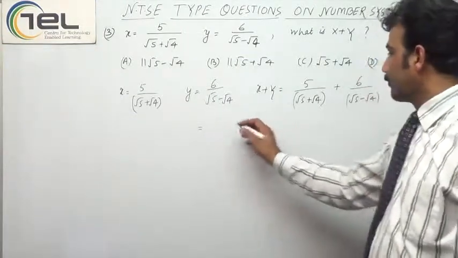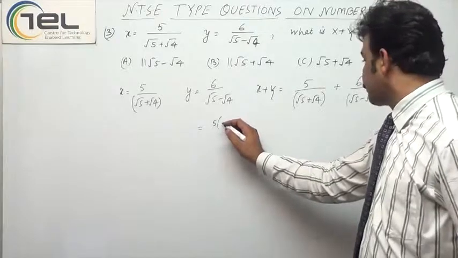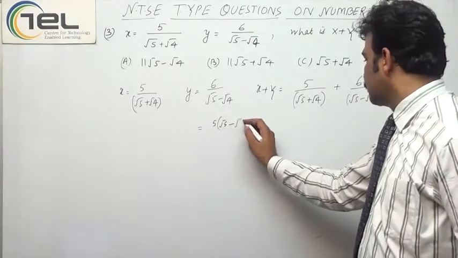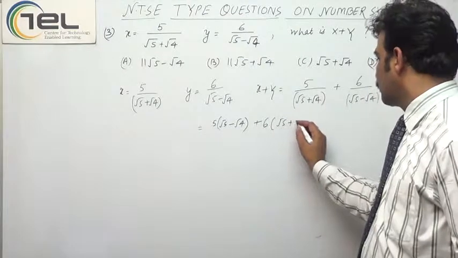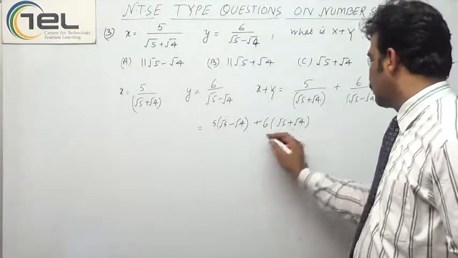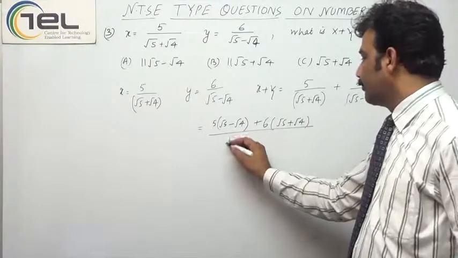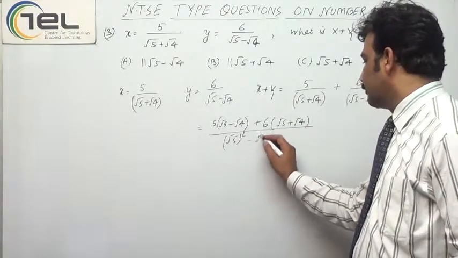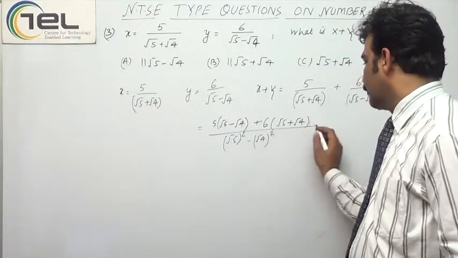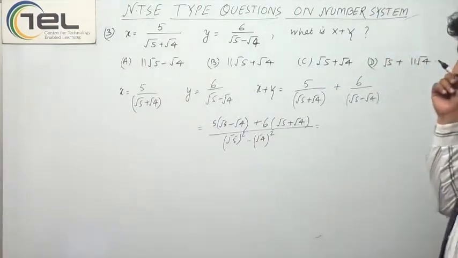So upon 5 whole square minus 4 whole square, it will be like this.